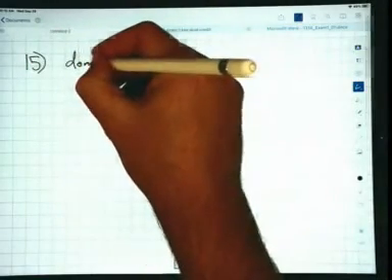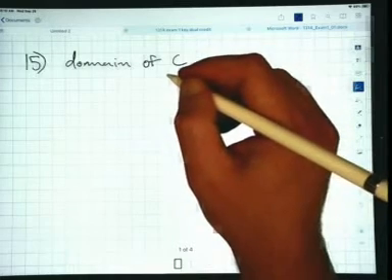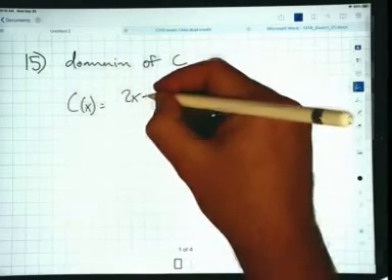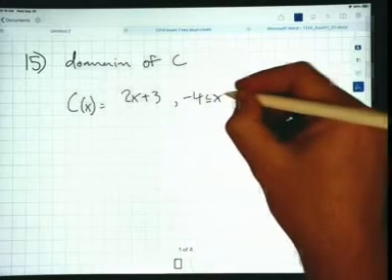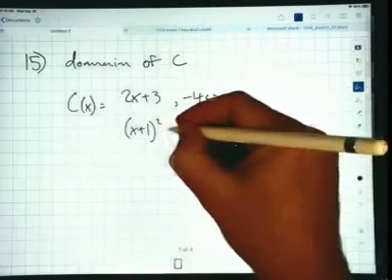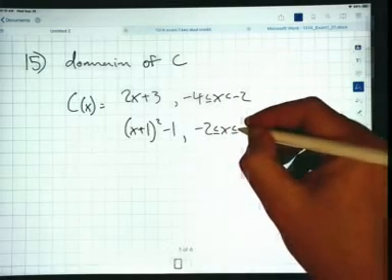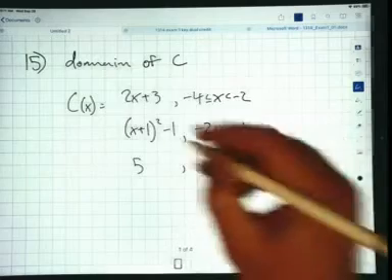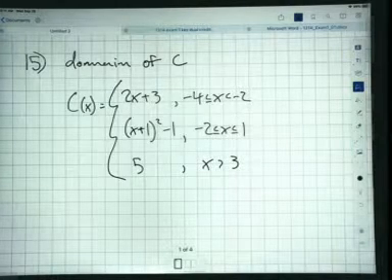What is the domain? Oh, this one's good. Domain of C, where C of X. Alright, so in a shorthand version, there's C of X. I just omitted the if statements.